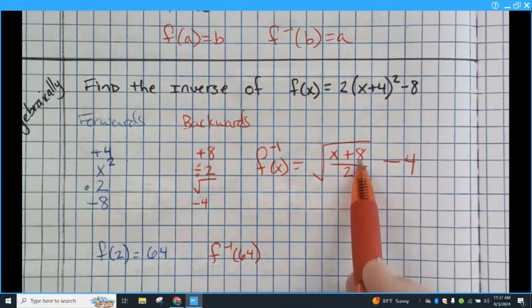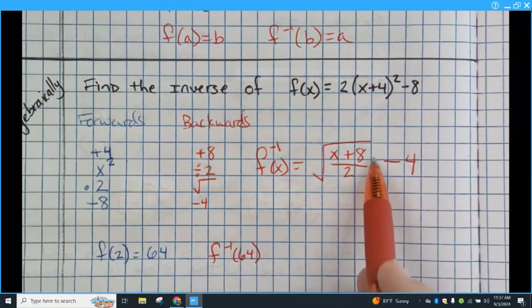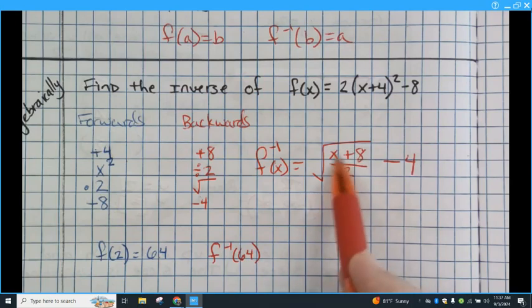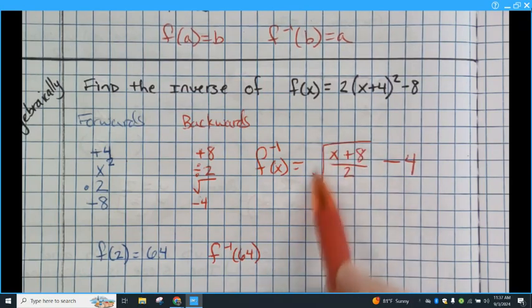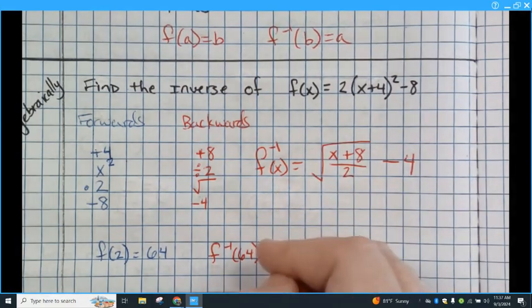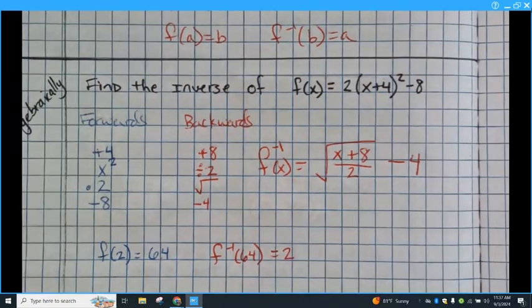64 plus 8 is 72. 72 divided by 2 is 36. The square root of 36 is 6. And 6 minus 4 is 2. So it works.